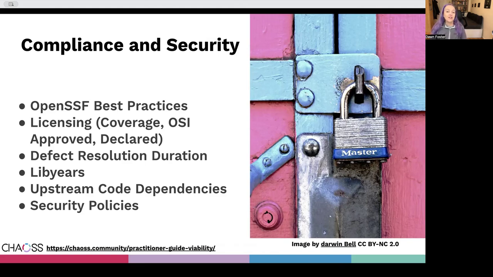Licensing compliance is also critical, so it's important to look at the licenses used in an open source project. This is one aspect of viability that can make or break whether you can use the open source project at all or include it within your product.